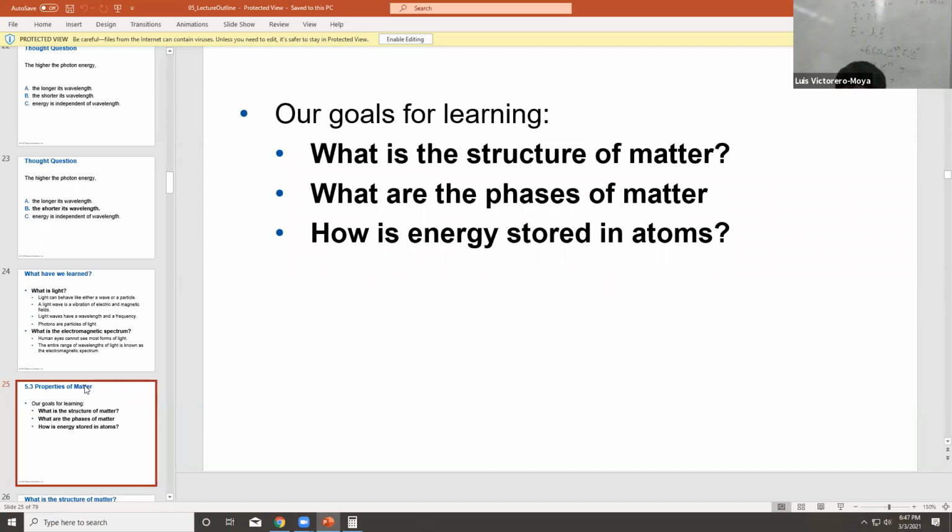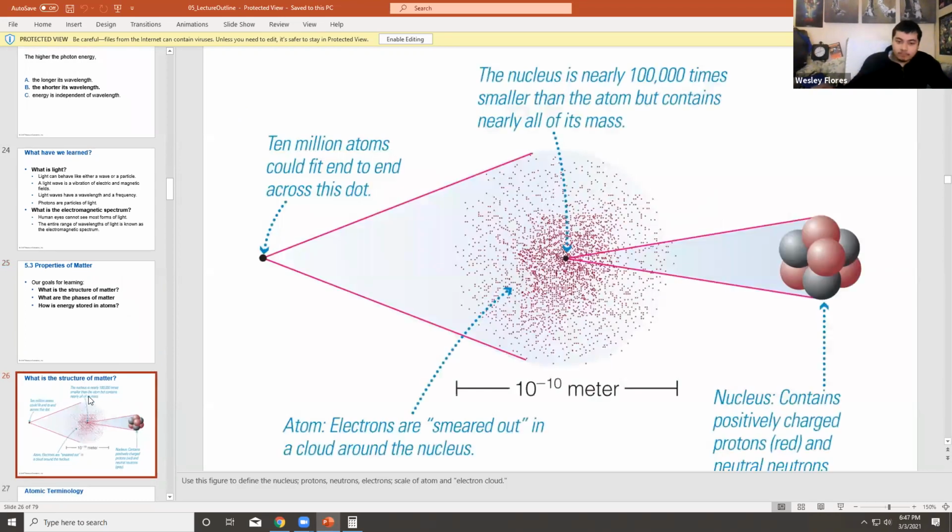And then what is around the nucleus of the atom? Electrons. All right. So look, guys, what you're seeing right now is a better representation of the nucleus of the atom and the atom itself. You probably are used to this.